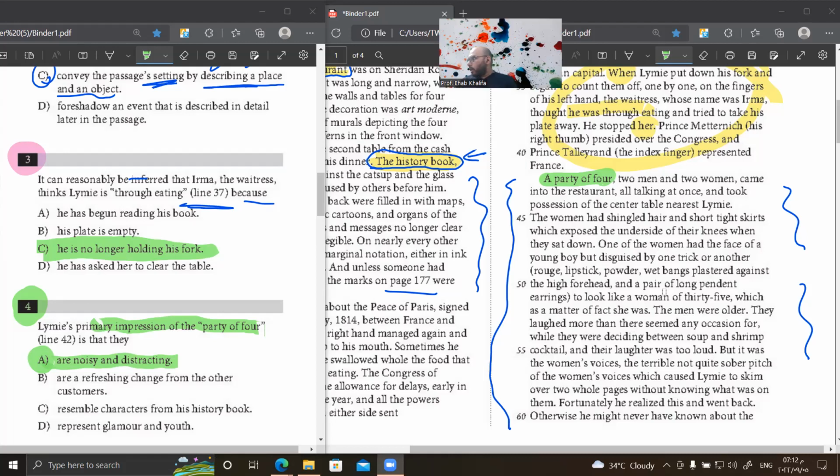See, guys, here I say they laughed more than there seemed any occasion for. While they were deciding between Sumatran cocktails, their laughter was too loud, annoying.